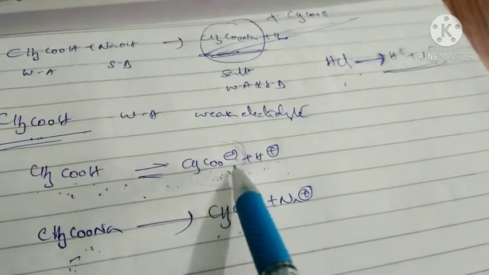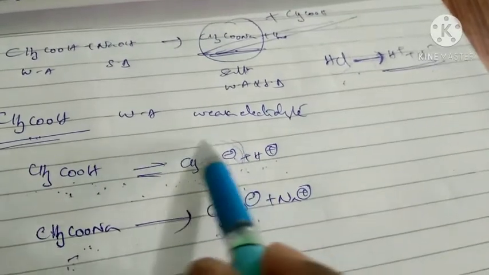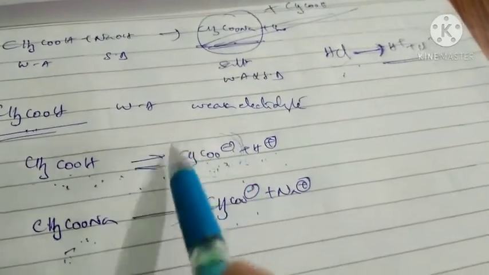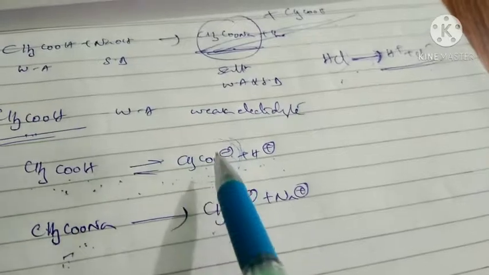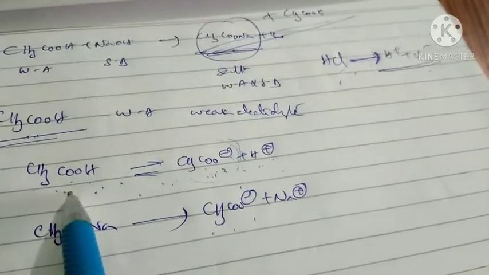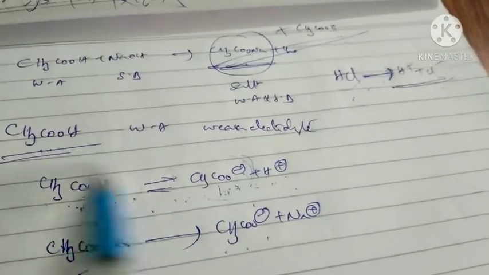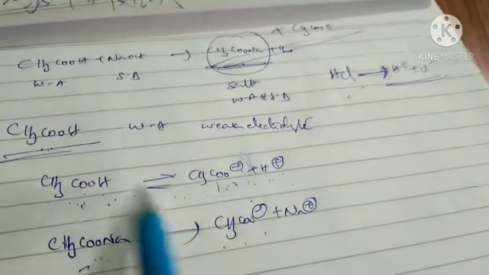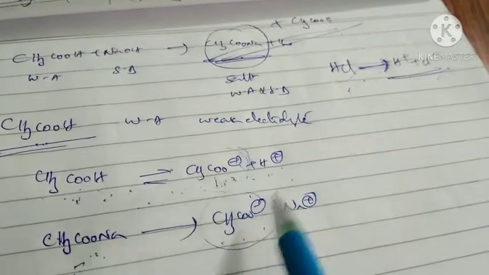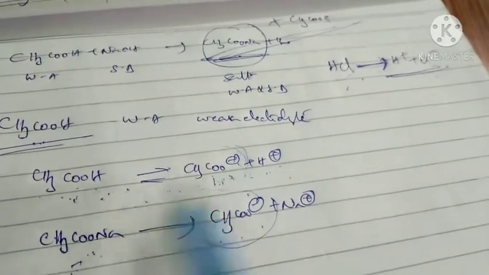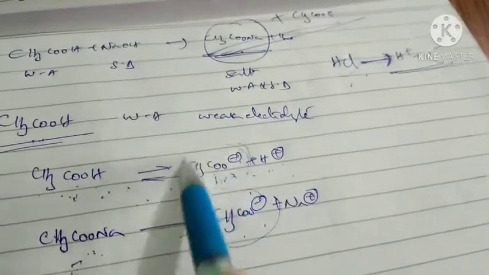Then according to Le Chatelier's principle, if a product's concentration increases, then the equilibrium shifts towards the backward direction. That means dissociation of acetic acid decreases. Why does it happen? Because of this ion. Already this ion is present.